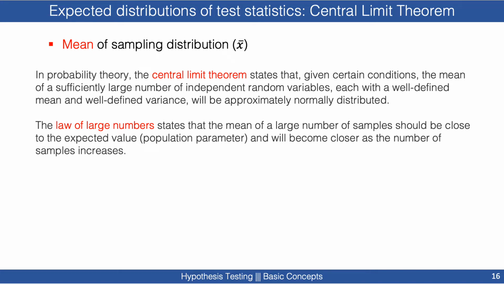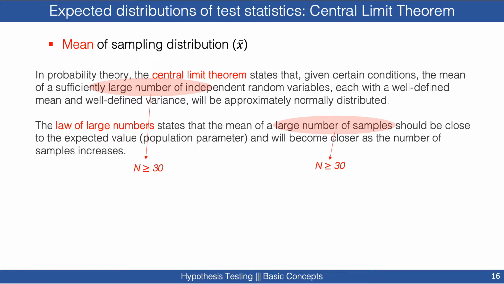And the second theorem is the law of large numbers that says that if you draw enough samples and the sample size is large enough, then the mean of those observations is going to be close to the underlying population mean. And what is that large number? Well, it really depends on the underlying distribution of the samples that you are drawing.